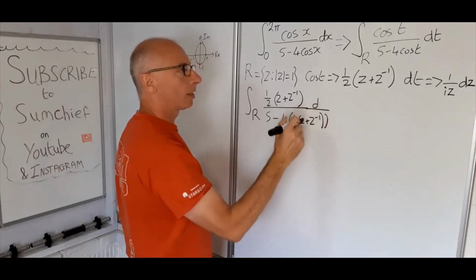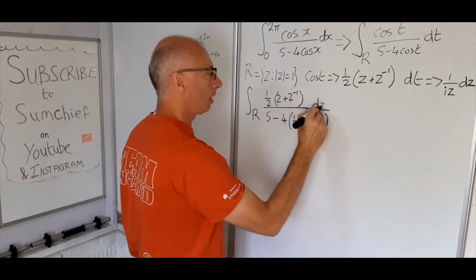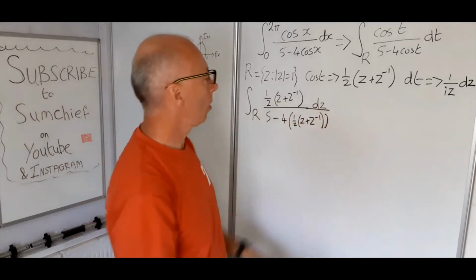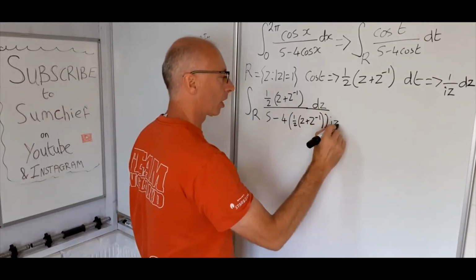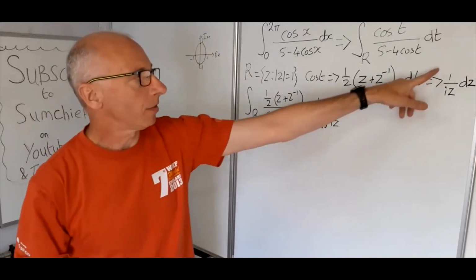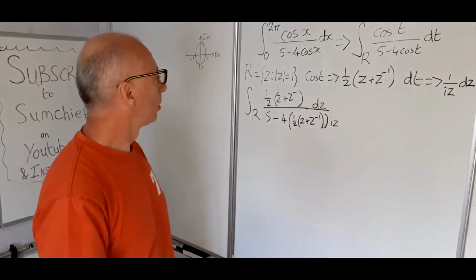And then let's put dz here and the iz on the bottom. That takes care of the 1 over iz dz.